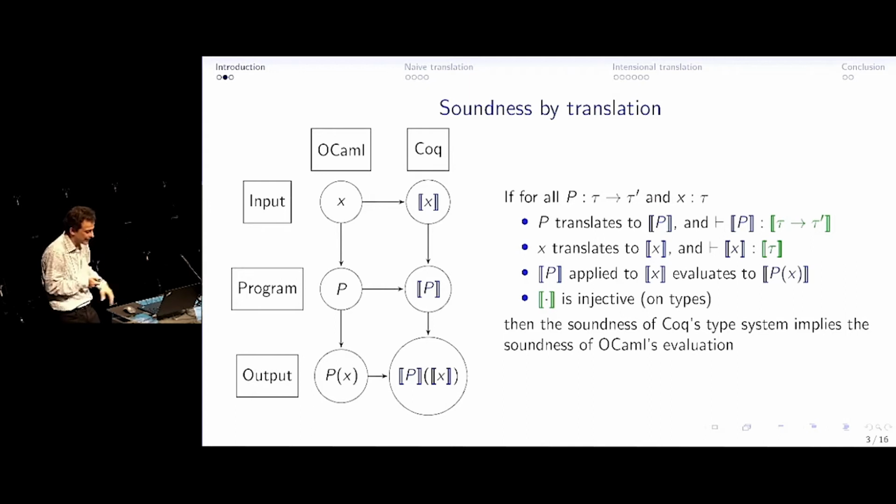So we can have this kind of argument. Of course, for this to commute, you would have to prove that actually the reduction is the same on both sides, which is another story. But let's give it a try.